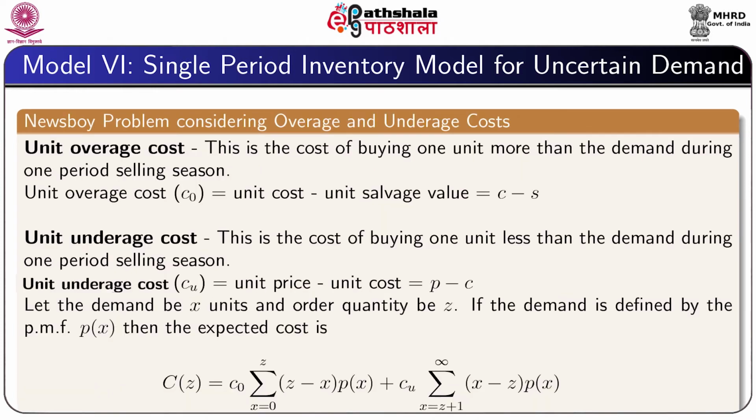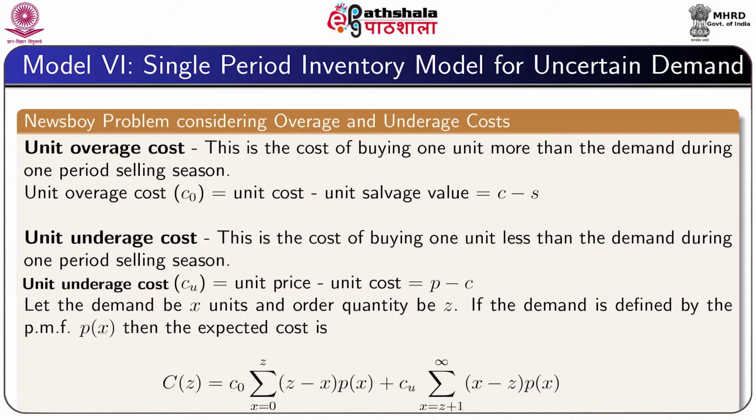Let us now develop the newsboy model considering overage and underage costs. Let me first define what is overage cost and underage cost. Unit overage cost is the cost of buying 1 unit more than the demand during one period selling season.